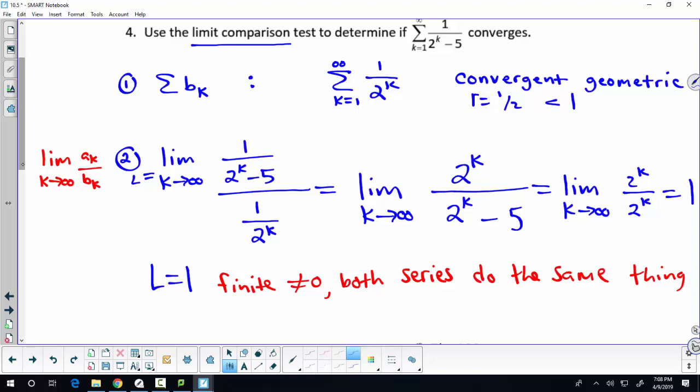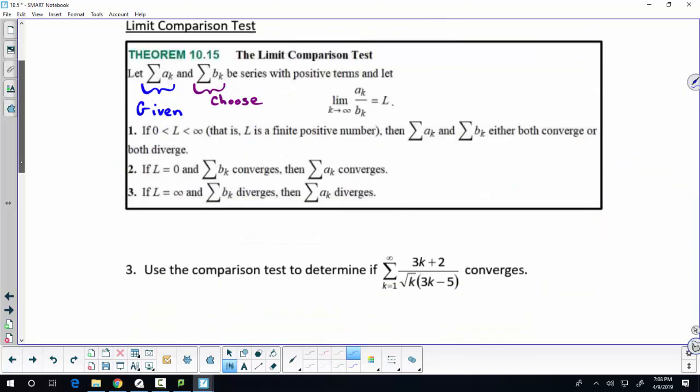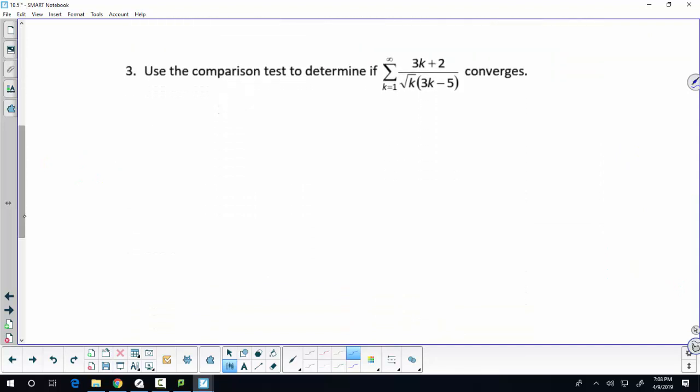But oftentimes you can see the superiority of the limit comparison test in a series like example number 3. I definitely wouldn't want to try to establish a relationship between that and the series that I'm comparing with.